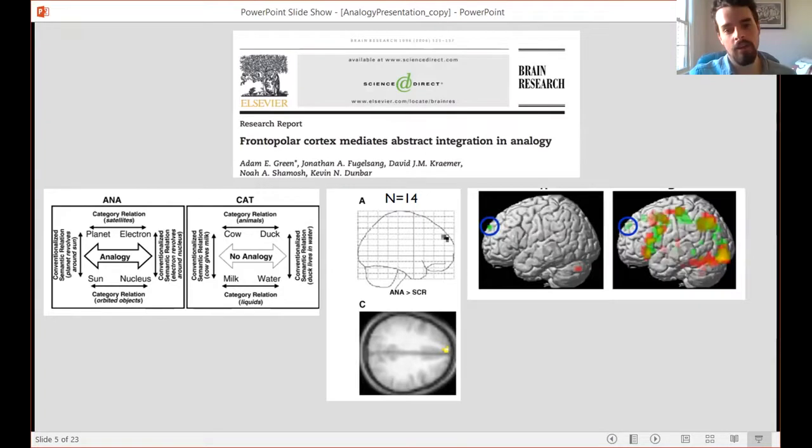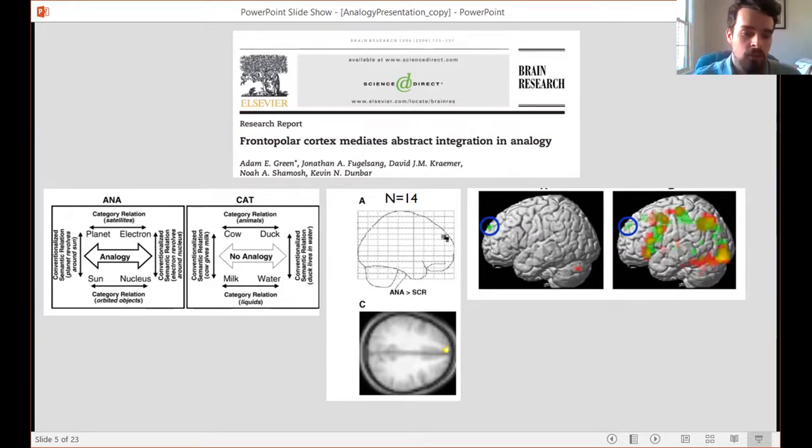So we see increased activation in frontopolar cortex, and the image on the right shows activation combined across both the control task and the analogy task. Here we see lots of activation in many other brain regions, including this broader frontoparietal network.